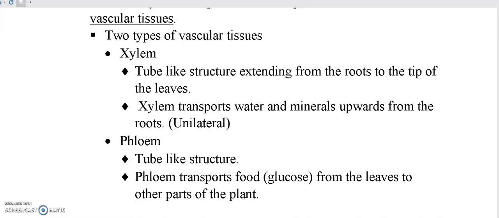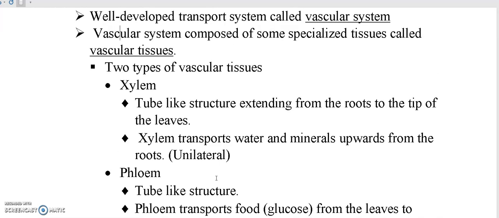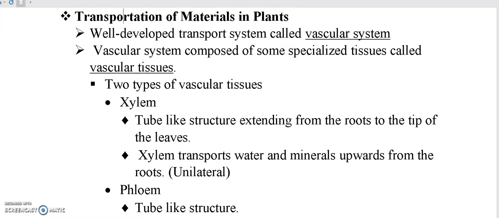It's a trick to remember. Once you remember phloem food, you can easily remember xylem water and minerals. So phloem क्या transport करते हैं? Food, that is, the food the plant is making in the form of glucose, from the leaves to the other parts of the plant. So this is how the main system, that is the vascular system of plants, works.